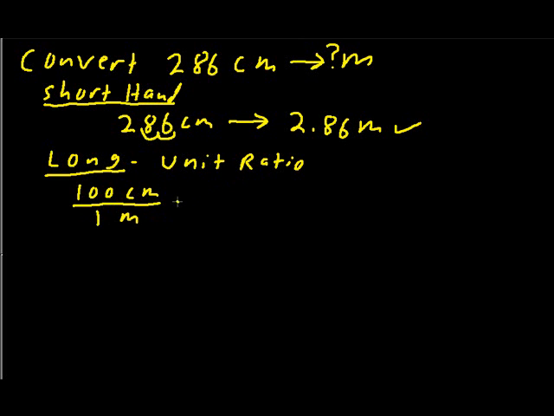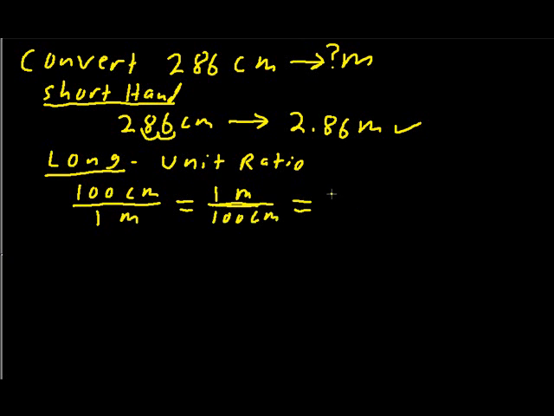Now, do I have to write it as 100 centimeters over 1 meter? You do not. You can write it in the following manner: 1 meter over 100 centimeters. That, in fact, is the same thing as what you wrote here. You just flip the ratio, and it works. But that's not the only way you can do this.